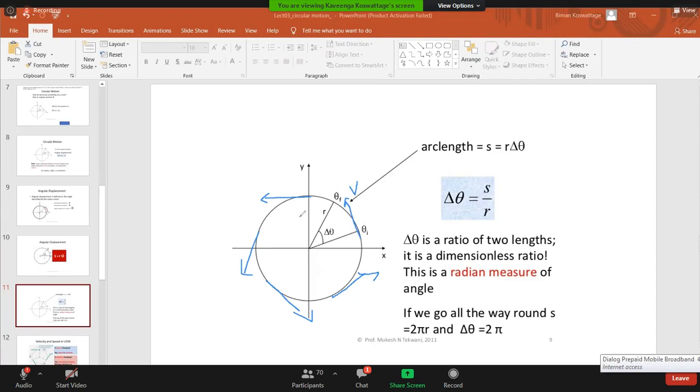How about in the case of velocity? Do you think velocity is constant? Speed is constant. In the case of uniform circular motion, speed is constant. So how about velocity? Is it constant or does it change?